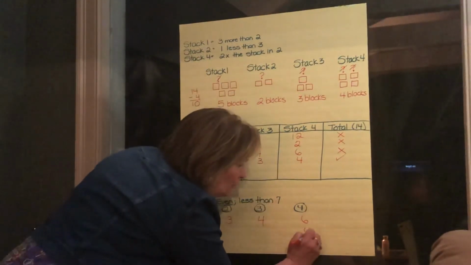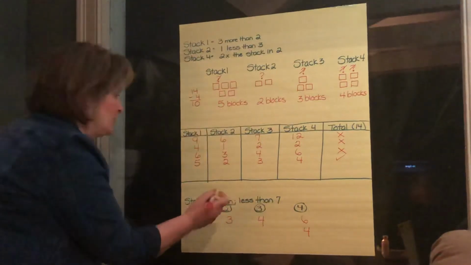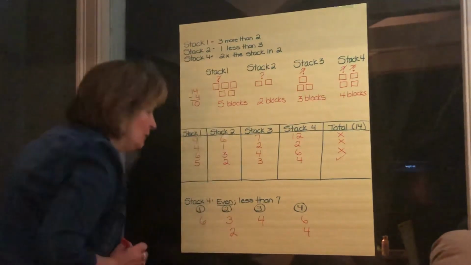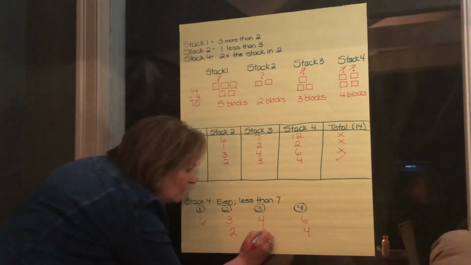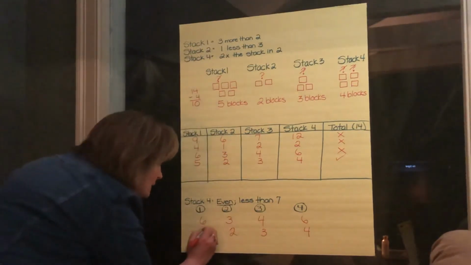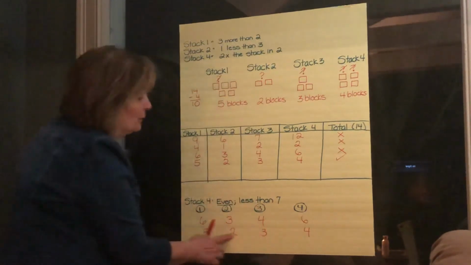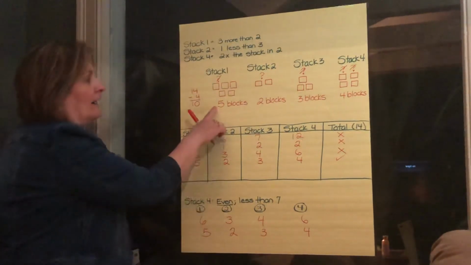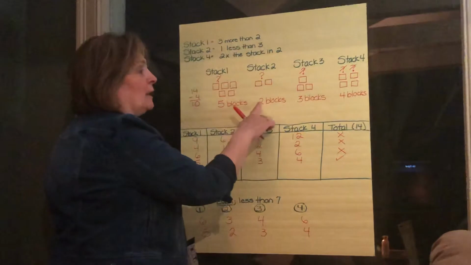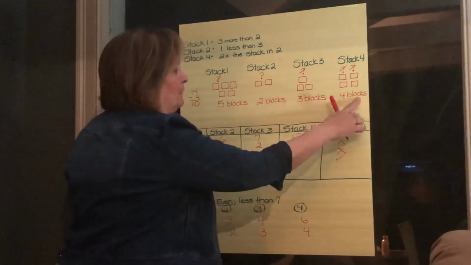So if this is 4, then we know that's double that, so this has to be 2. We know that this is 1 more, 3, and we know that this is 3 more, that's 5. If we count that up, we already know the correct answer. Our answer would be 5 blocks, 2 blocks, 3 blocks, and 4 blocks.